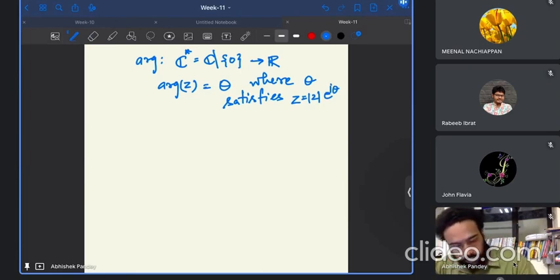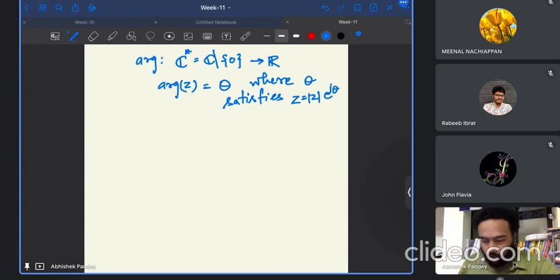Now you can see for a particular z, we have lots of thetas. In fact, if you add 2k pi, that always satisfies this. z equals mod z e to the power i theta.